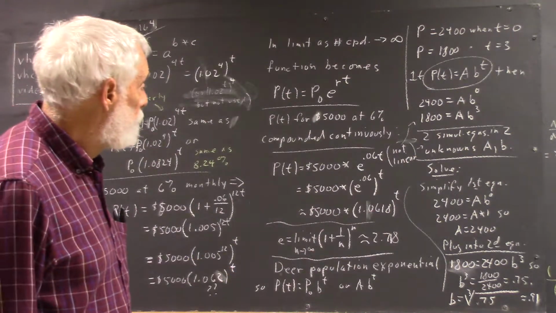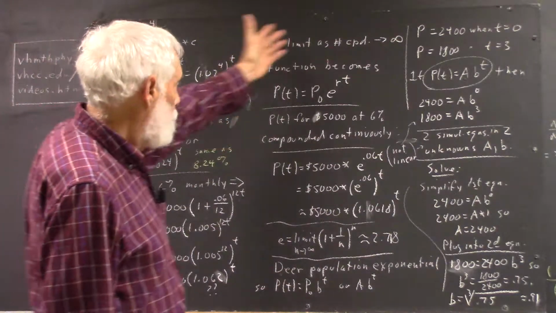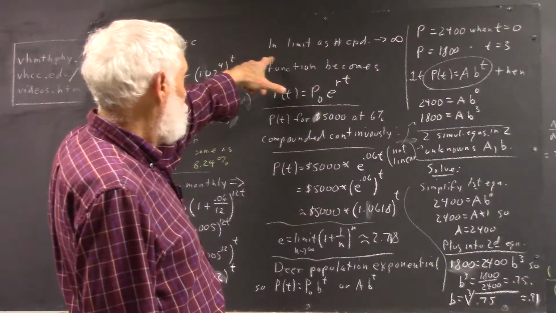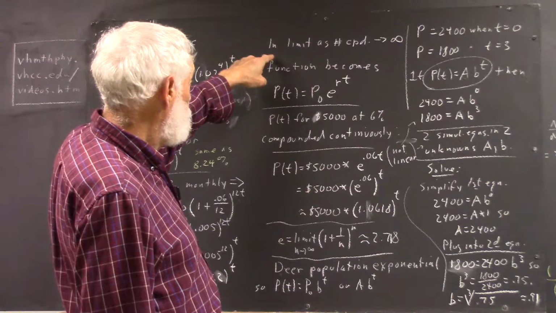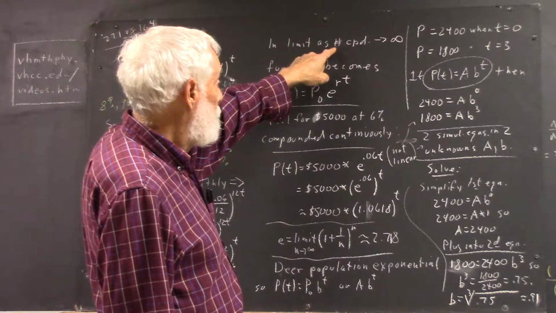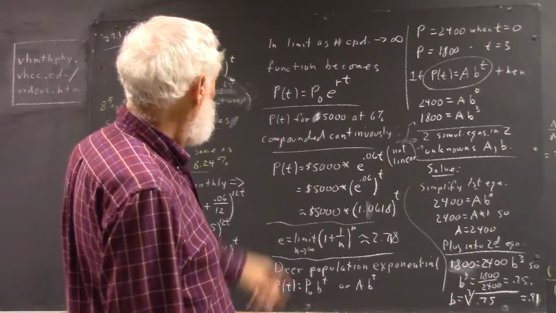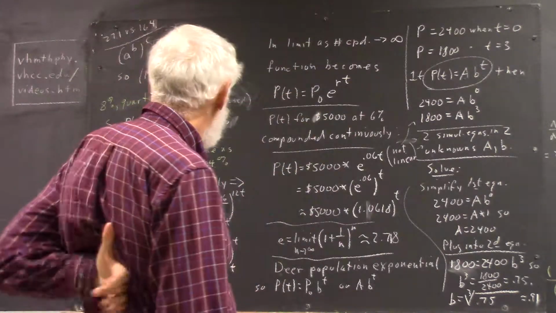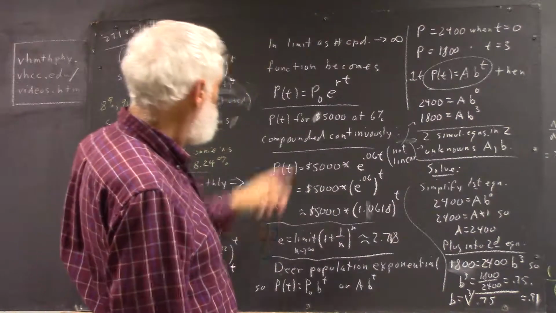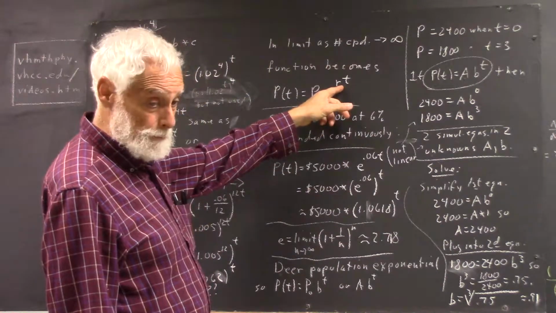Okay, now another thing that's kind of new here. We've made passing reference to it, but in the limit, as the number of times you compound in a year approaches infinity, your principal function becomes P of t equals P naught times e to the rt.